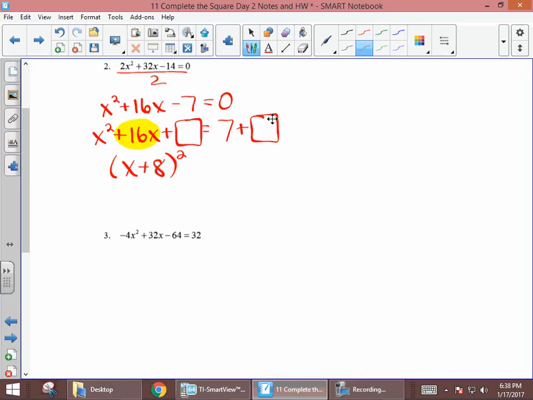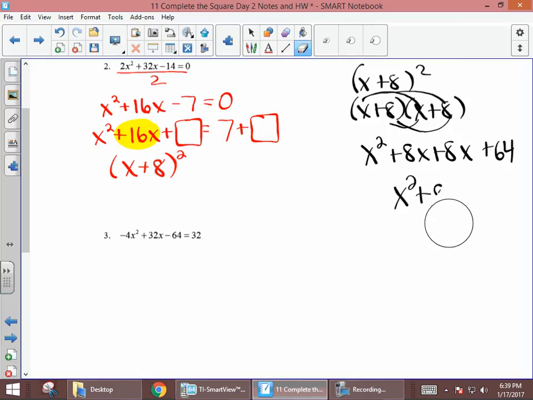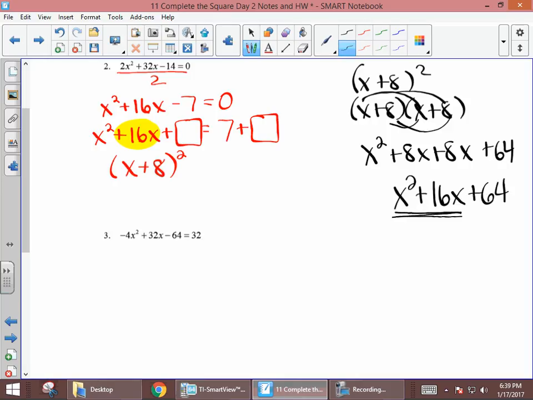Now you don't have to write this down, but I'm just going to remind you. x plus 8 squared means x plus 8 times x plus 8, which is x squared plus 8x plus 8x plus 64. That is x squared plus 16x plus 64.